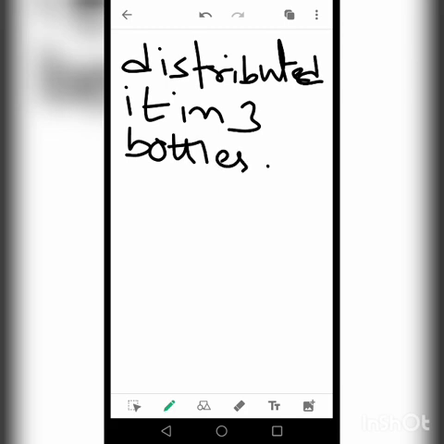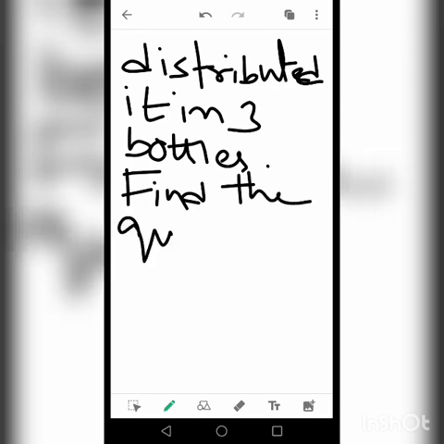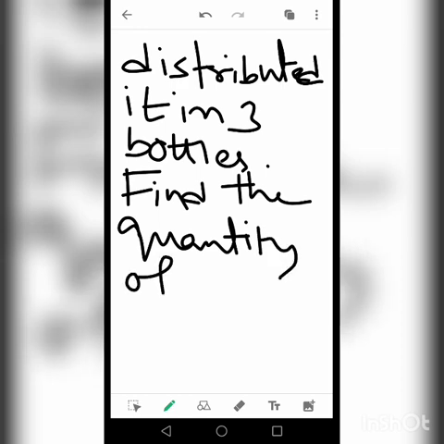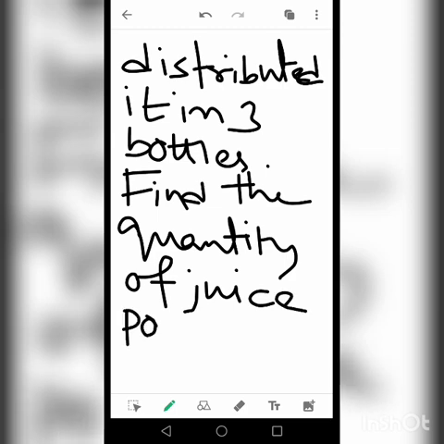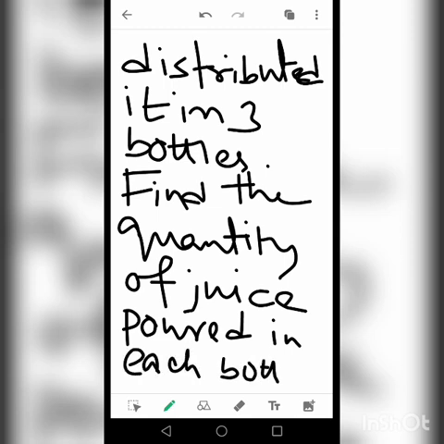Find the quantity of juice poured in each bottle.